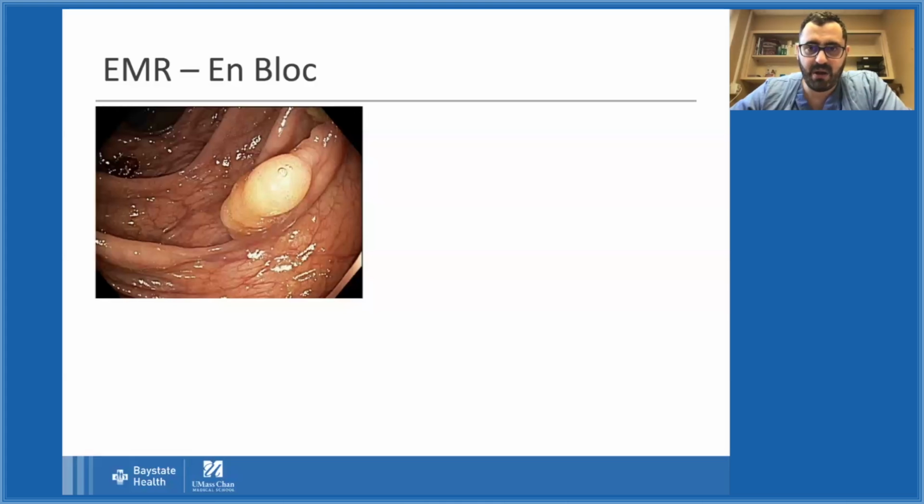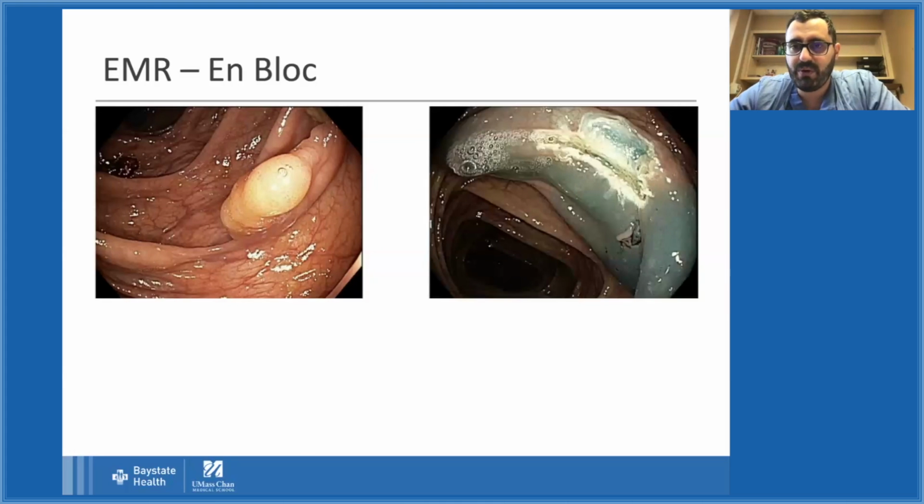After we did EMR, the polyp was removed. When we remove a polyp in one piece, we call it en bloc. It's always better to remove the polyp en bloc because that decreases the risk of regrowth. You can see how the polyp is lifted, with the blue dye I injected here, and the polyp is gone.